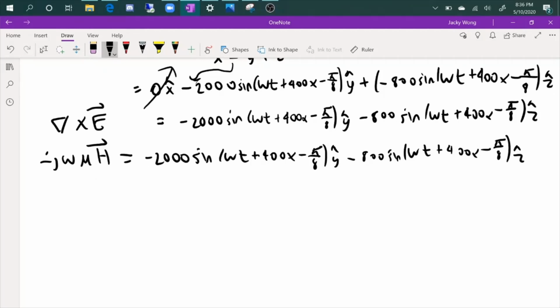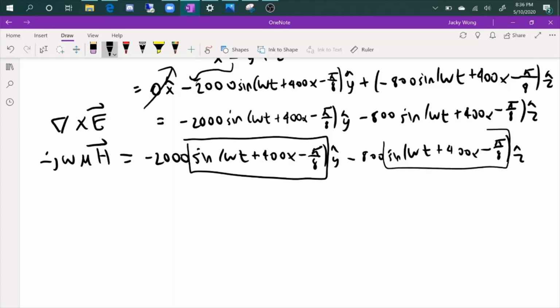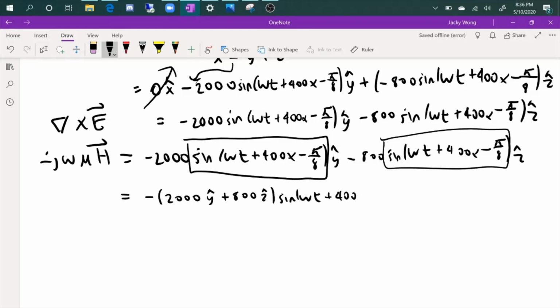We can simplify this equation a little bit further because we see that these two terms are the same on the right side: the sine omega t part. So if we just combine the two, we get negative 2000 y hat plus 800 z hat, times sine(omega t plus 400x minus pi over 8). All of this is equal to this still.